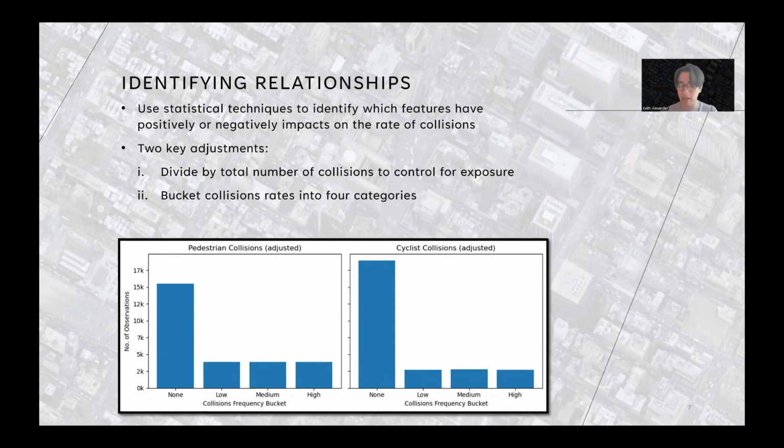This accounts for some of those outliers and prevents those outliers from exerting undue influence on the conclusions that we reach. Now that we have these adjusted collision rates, we can use ordinal logistic regression, which is a way to identify linear relationships between our predictor variables and the likelihood of a given intersection falling into one of these buckets.